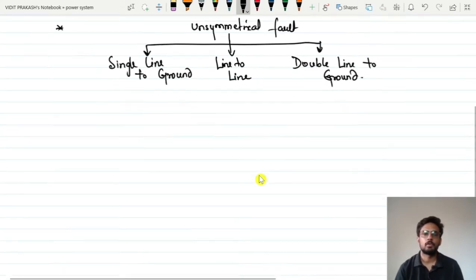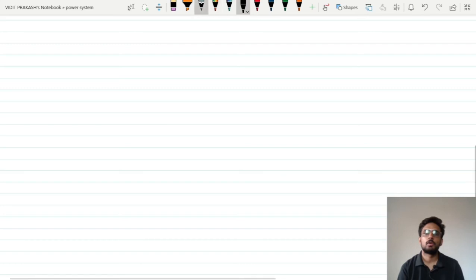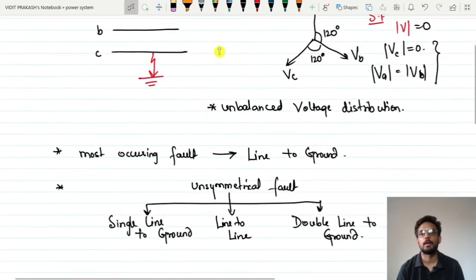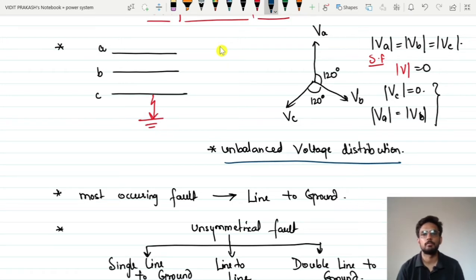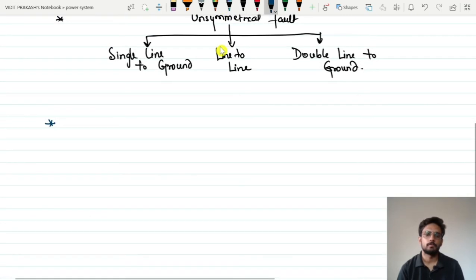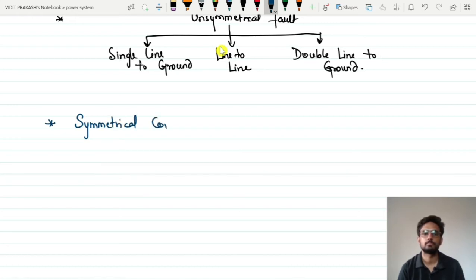Now how do we define the unbalanced voltage and current if an unsymmetrical fault occurs in the system? We define this with the help of symmetrical components.